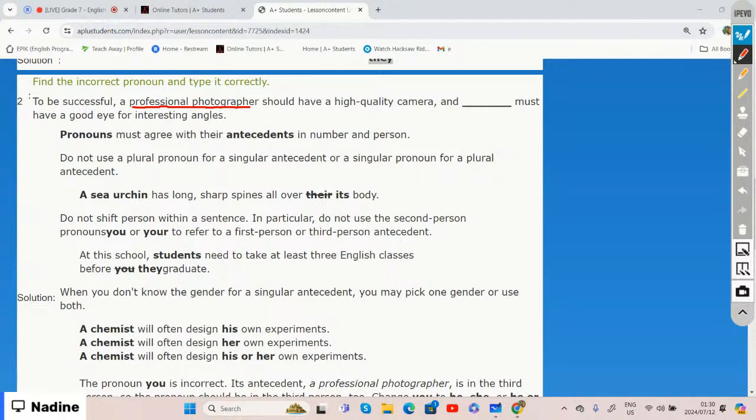So in order for you to be successful, then a professional photographer should have a high quality camera and must have a good eye for interesting angles.